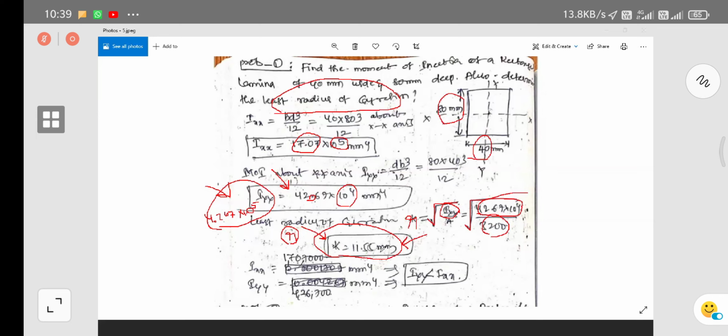If you want to do this properly, first take Ixx and then take Iyy, find the two radii of gyration, compare them, and take the least value as the solution for that problem.